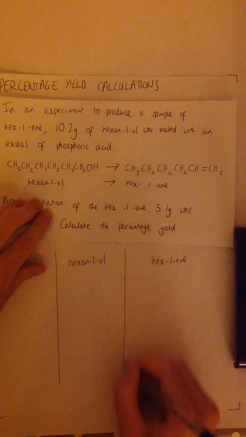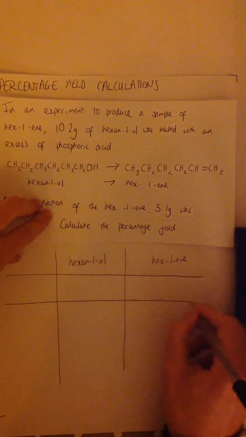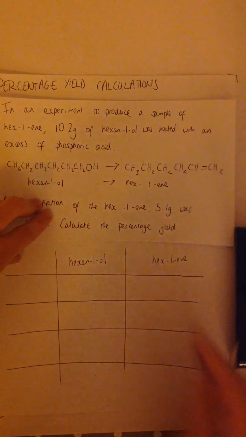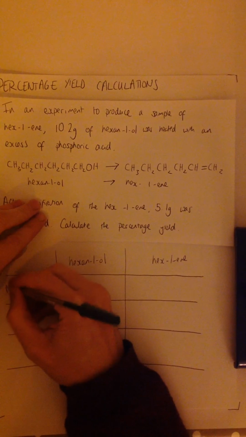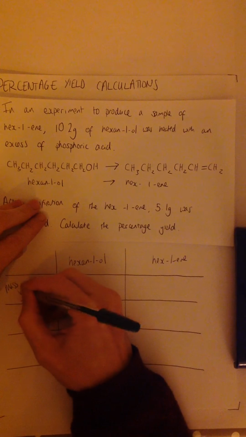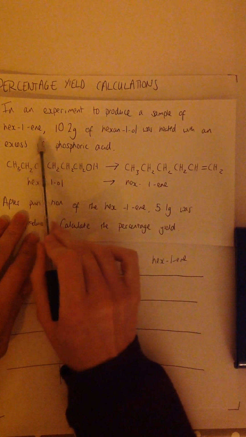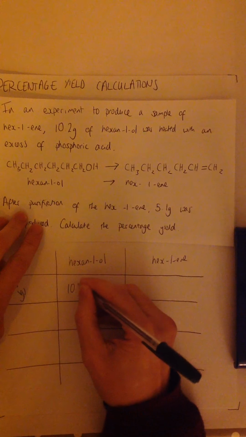And I write down all the information that we're going to need. First of all, the mass in grams. And it tells us that we started with 10.2 grams of hexanol.